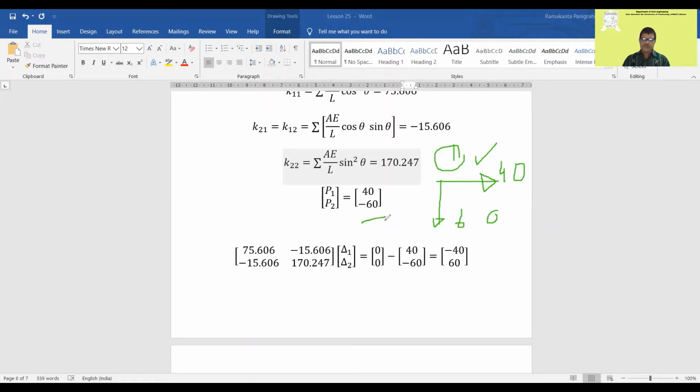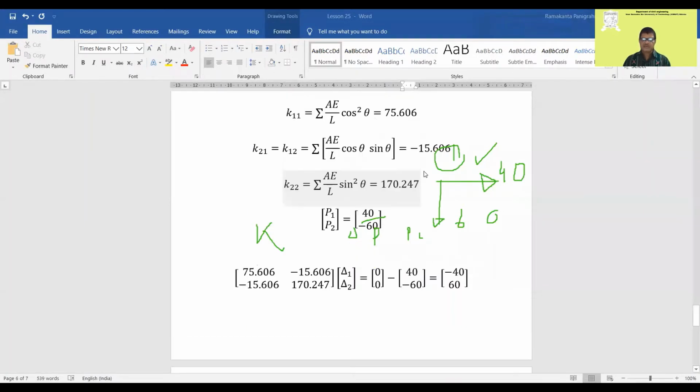If these are the forces applied, now you can write the equation K delta equals P minus PL. And find the P minus PL values. You'll find them from here, and find the values from here.